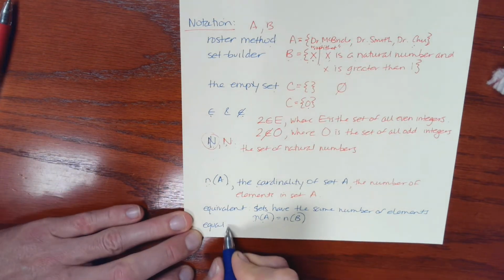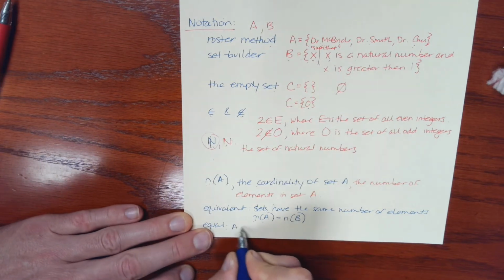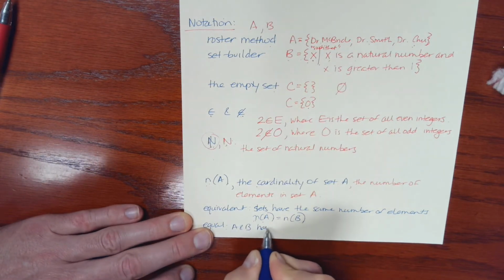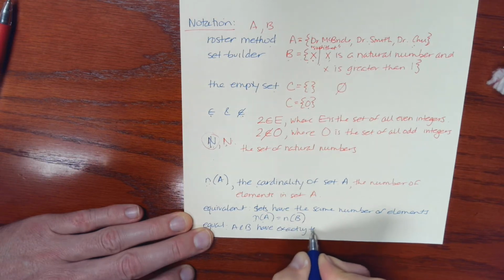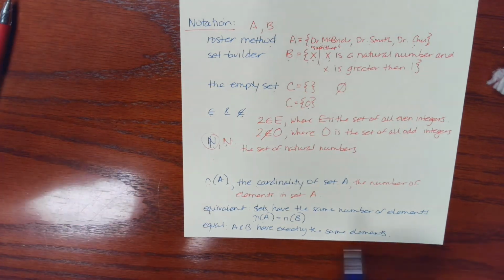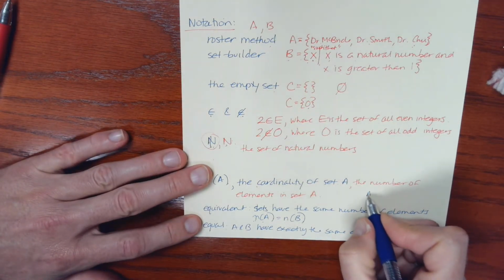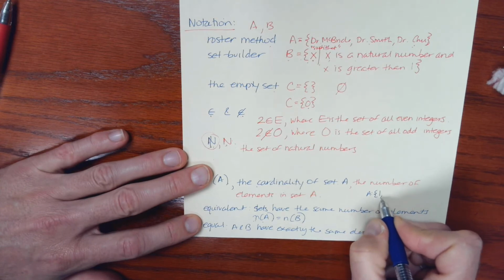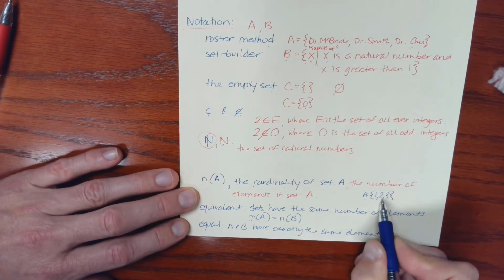Now, that's different than saying A and B are equal. So A and B have exactly the same elements. So a little bit different there. So let's say that A was defined as 1, 2, and 3. So that's the set that contains the elements 1, 2, and 3.